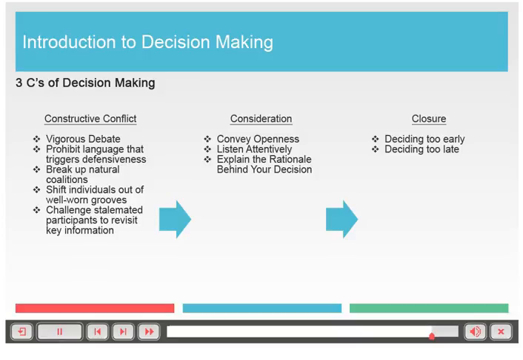So we have to be careful to not let these coalitions develop. And so the goal, as a leader, is you want to divide those natural coalitions up so that people are spread out all over the place, enabling them to not have an economy of scale, if you will, having them all together in one group, and suddenly they have more voice than everybody else.